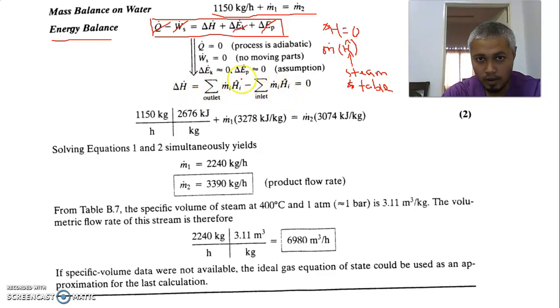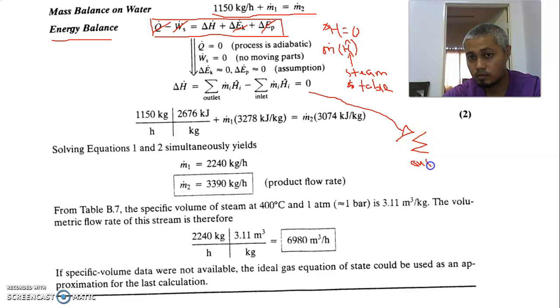So if we rearrange this part, what we will get is summation of outlet M and H. Okay, how many components that we have?